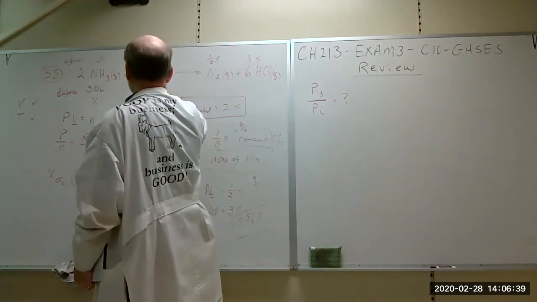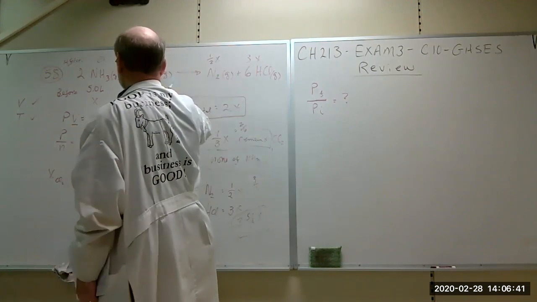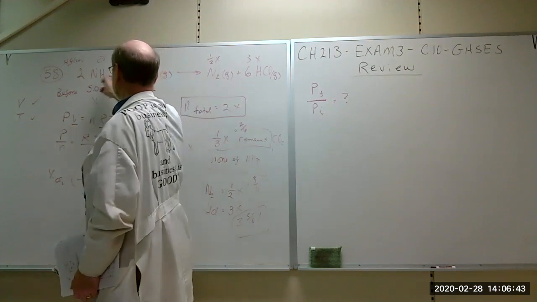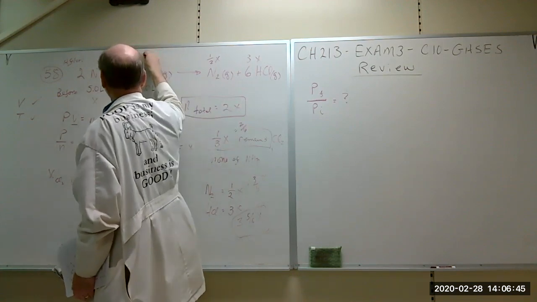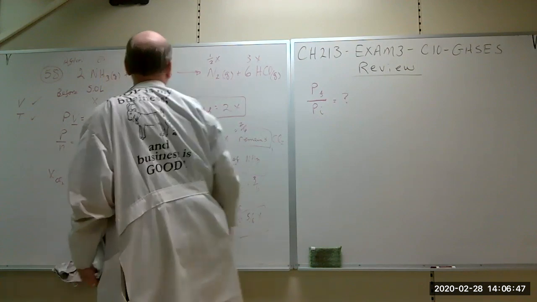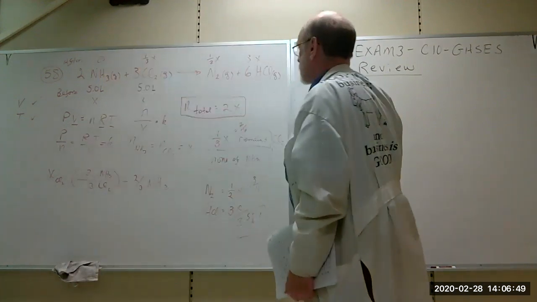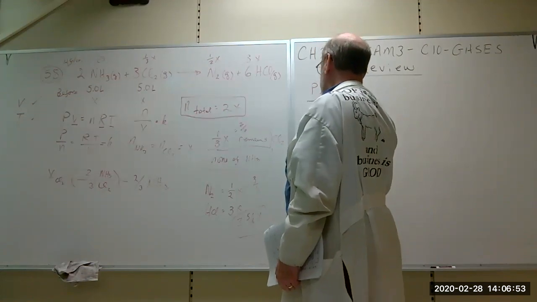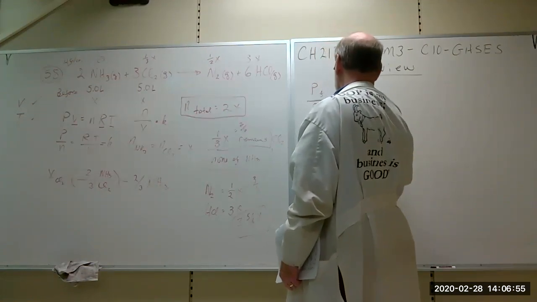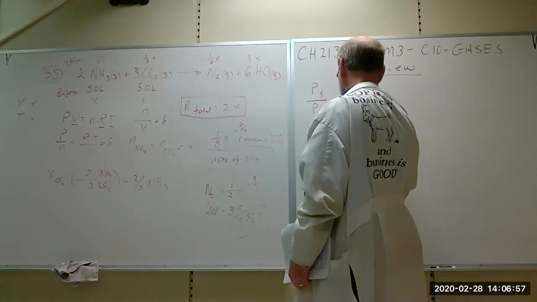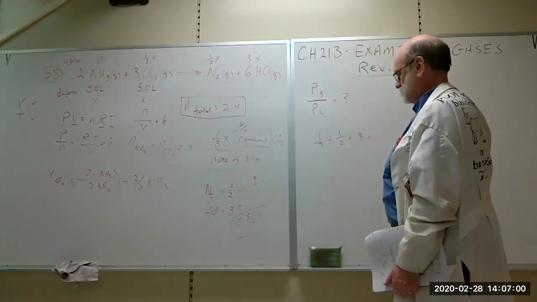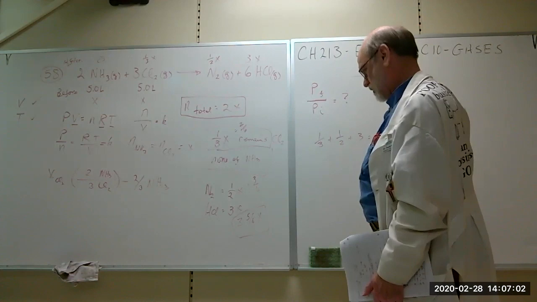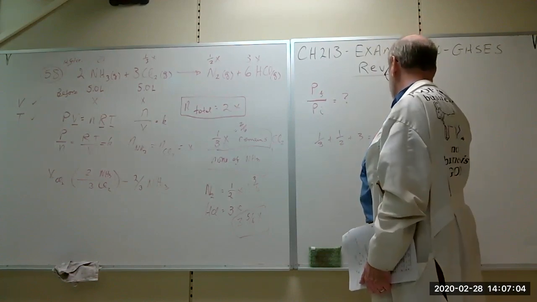Well, we only have 1/3 of this left because it took 2 of them to match that one. So we've only got 1/3 of these left. So what it should be is the number of moles that are left over at the end are 1/3, 1/2, 3. So that's 3 5/6 or 15/6.